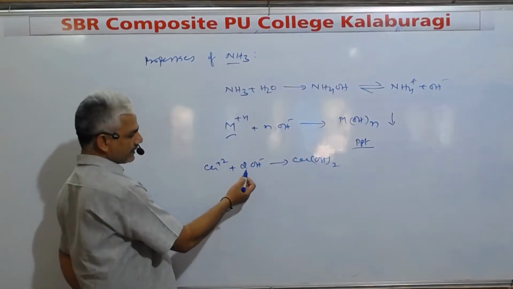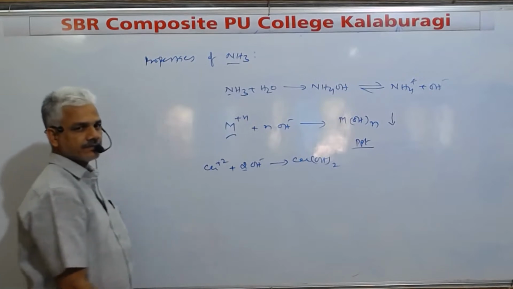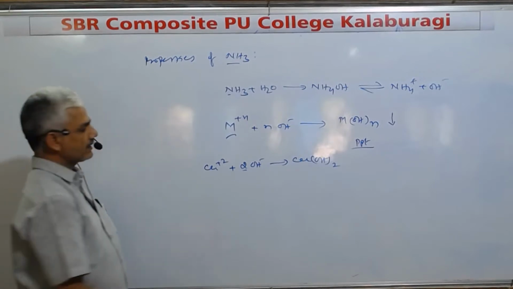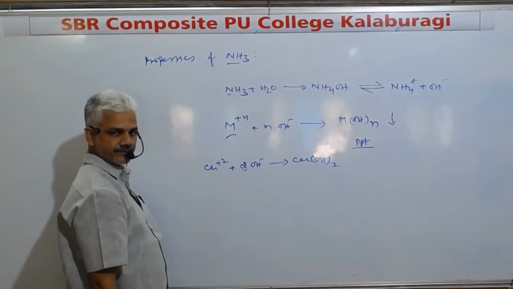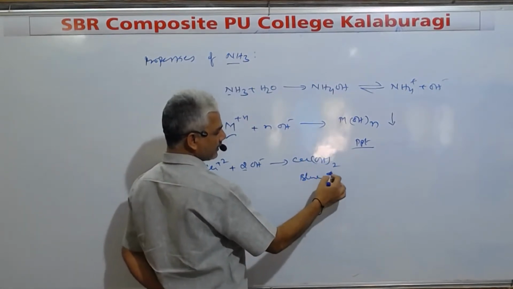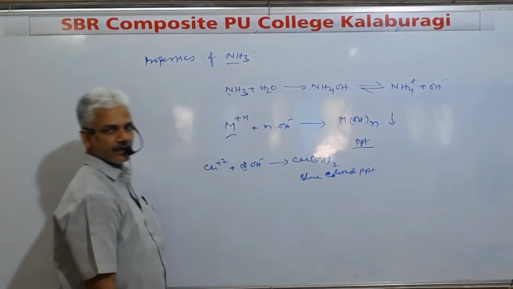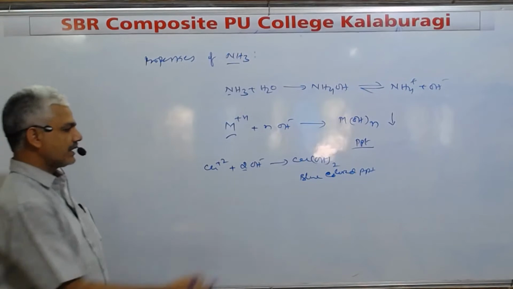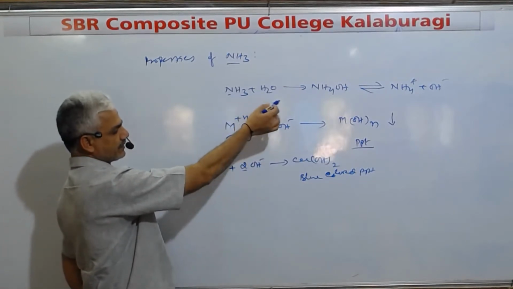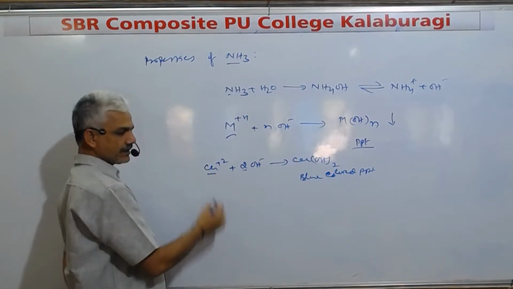So in order to take up 2 OH minus ions, how many ammonia molecules must dissolve? Again, equal to the charge. So this cupric hydroxide formed will be a blue colored precipitate. So if you get a blue colored precipitate on the addition of ammonium hydroxide to a salt solution, conversely, what is the statement?